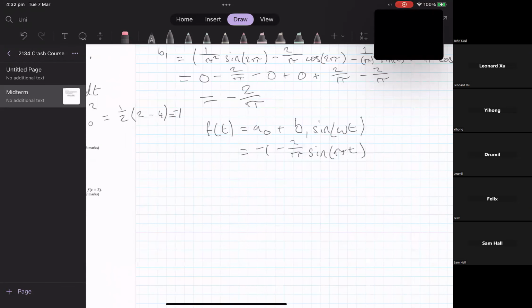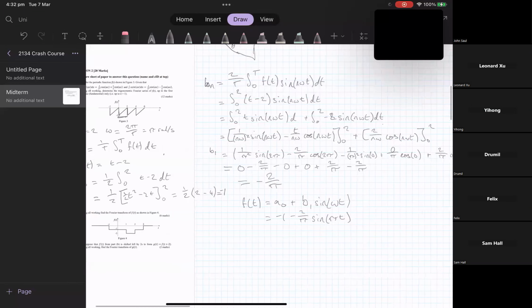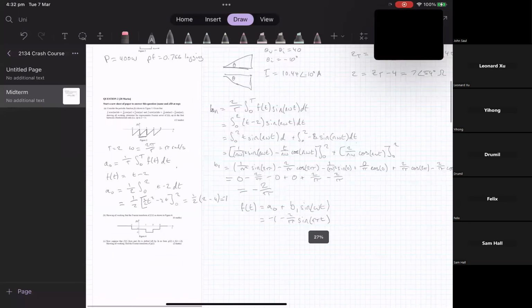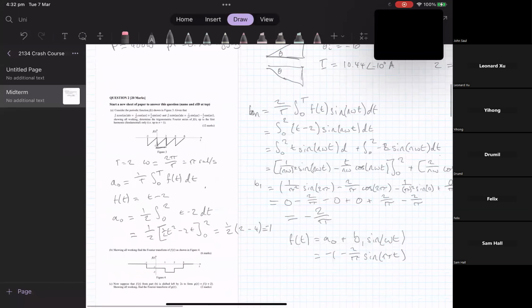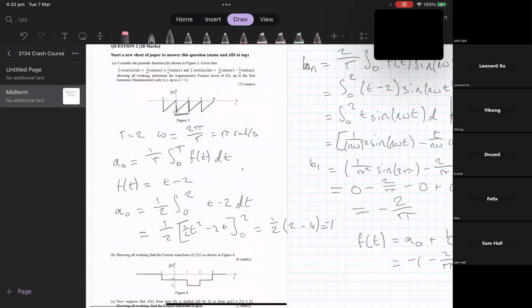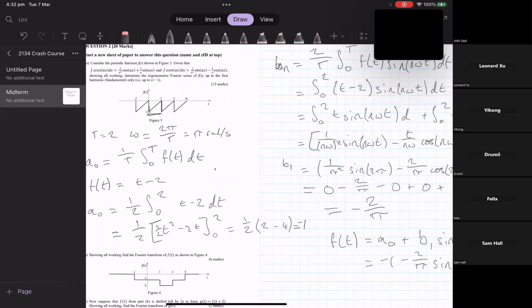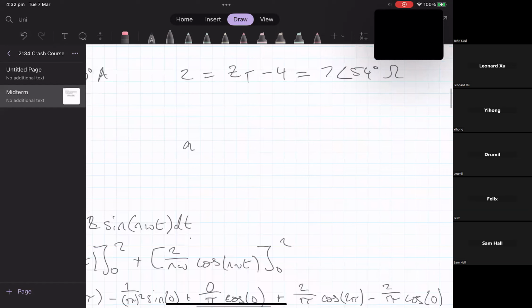Great. Did anybody have questions with this working? Okay, and yep, that's it for just A. Do note that in an exam, you should specify that, write it here as well, just so the markers know what you've done.